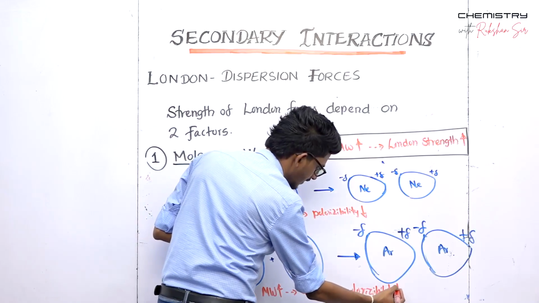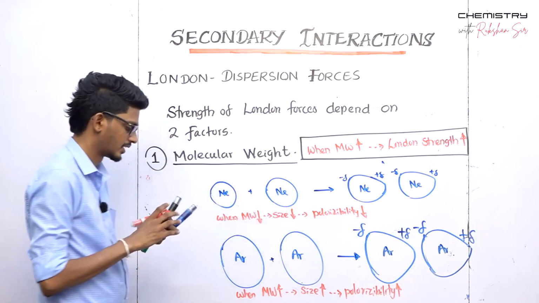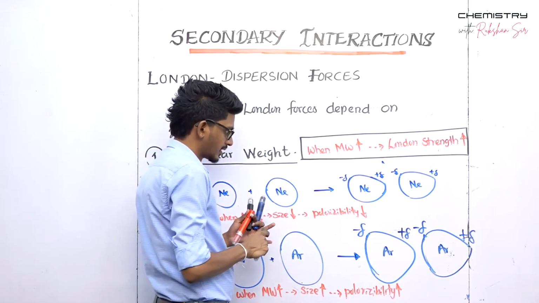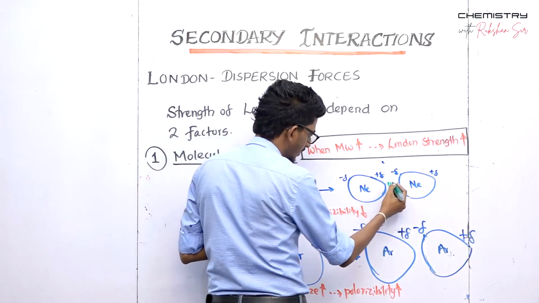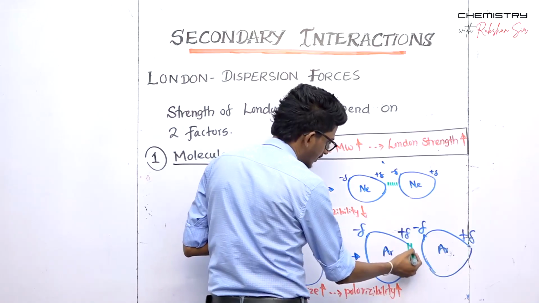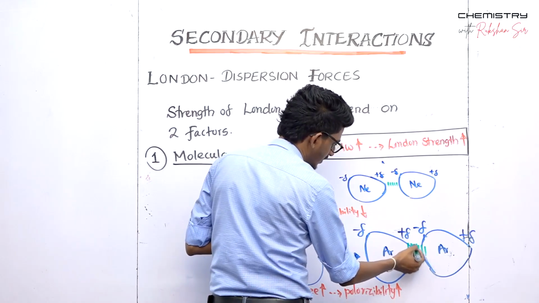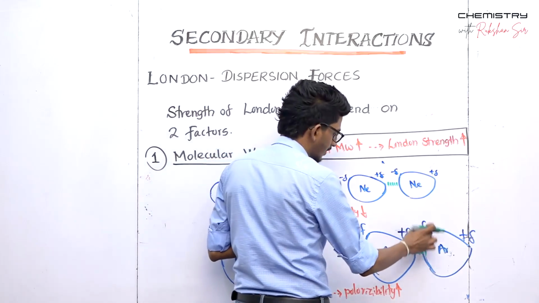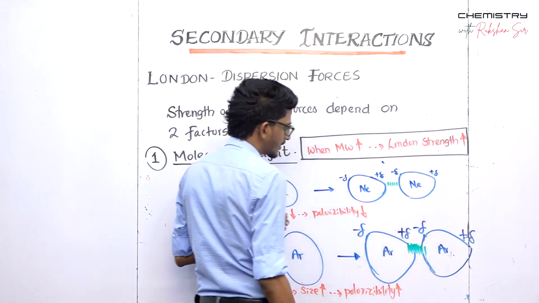So you will get some greater poles, so the attraction between these two is heavier, because this is attraction between greater charges compared to here.